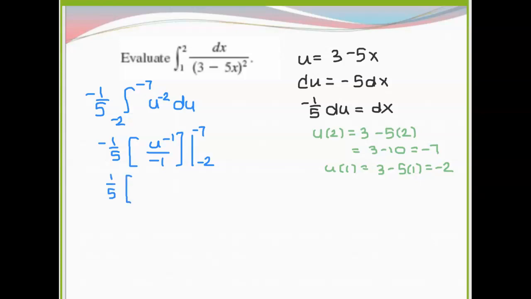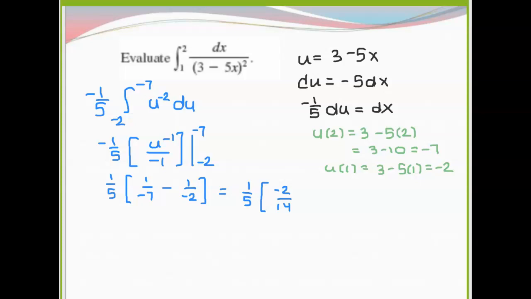And then that's really like 1 over -7 minus 1 over -2. So then you get 1/5. We're going to get a common denominator, so you're going to multiply by 2 over 2. So you get -2 over 14.